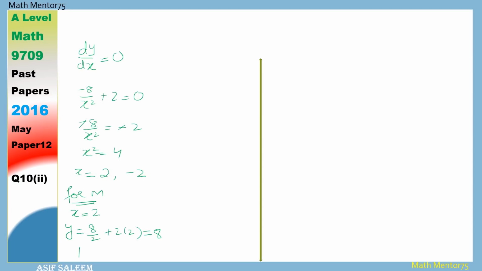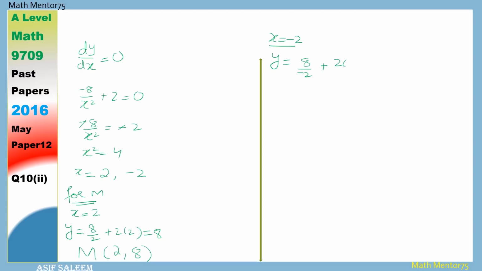That means the coordinates of M are (2, 8). The first portion of the question has been done. Further, it is required to find the coordinates of the point when x is less than 0, that is when x is negative. The value of x negative is minus 2. So now let's put that value in the curve to find its corresponding y.